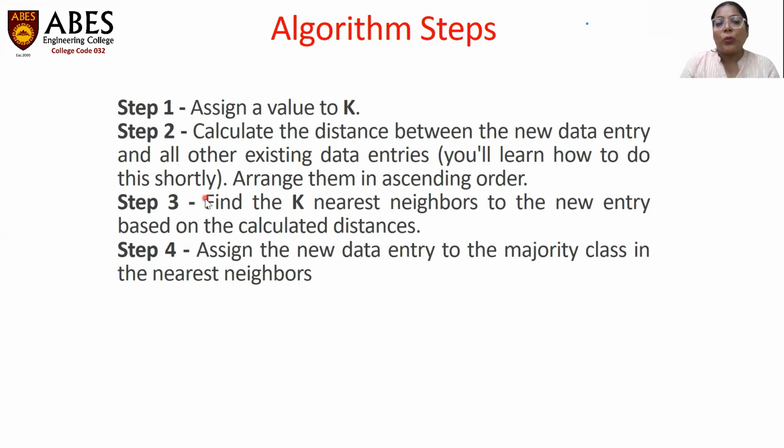In step 3, what you have to do? You will find the K nearest neighbors. It means that if you have assigned the value of K as 3, you will find 3 nearest neighbors to the new data. And finally, you will find the majority class and assign it to the given data.